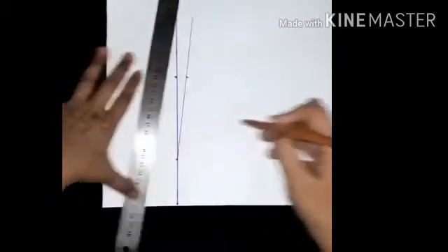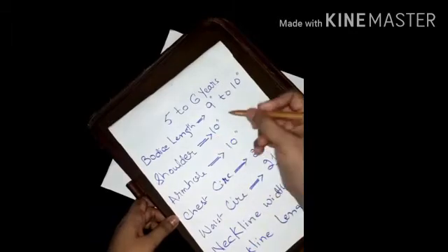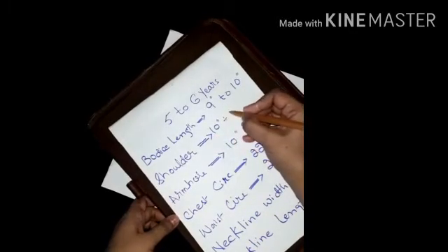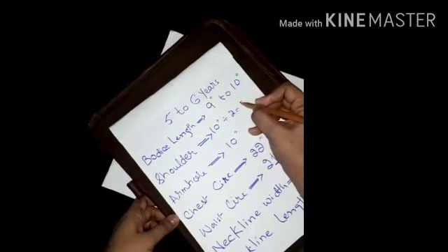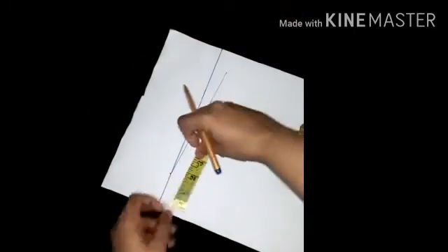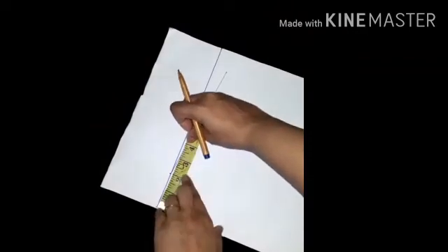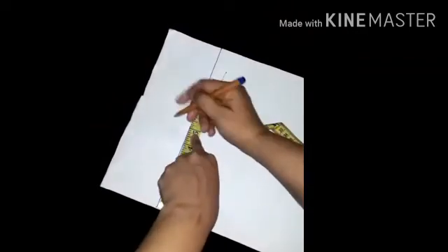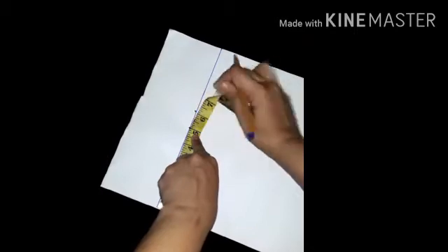After that, I am going to take the shoulder measurement. Shoulder to shoulder length is 10. Divide by 2, I got 5 inches for shoulder. Take the measuring tape and measure 5 inches for the shoulder.